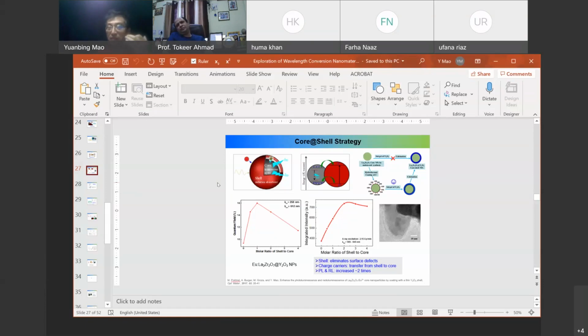One unique thing about this type of inorganic materials is that we don't have photobleaching like the organic luminescent materials, because of the unique structure, right? This type of inorganic, especially the metal oxides, is quite stable.